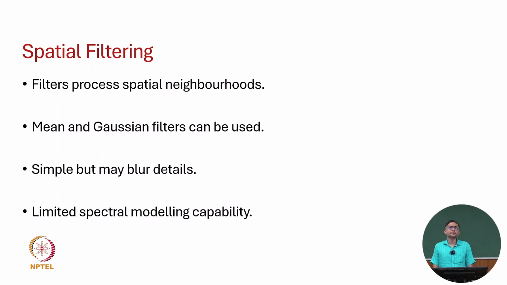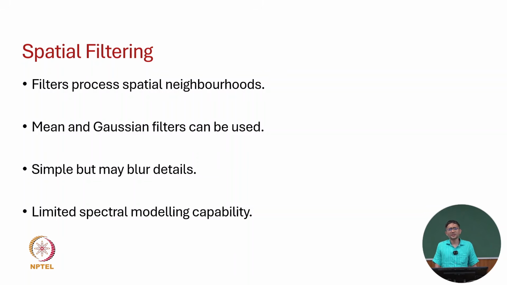So think about this. One very simple approach can be spatial filtering, just processing the spatial neighborhood, let's say using a mean filter. This is a simple approach, but it may blur details. On top of that, we are talking about this in the context of hyperspectral images, not single band or multispectral images.